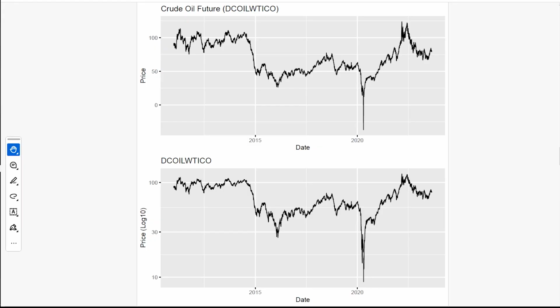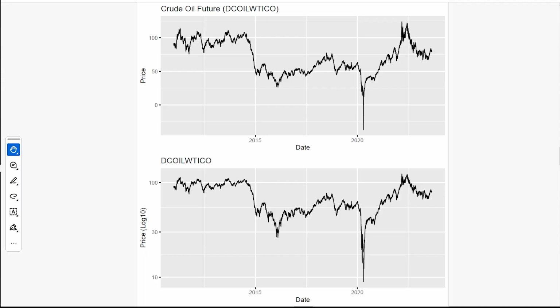Well, here's getting away from the equity markets. This is looking at the crude oil futures contract. This future trades, I think, at the Chicago Mercantile Exchange.